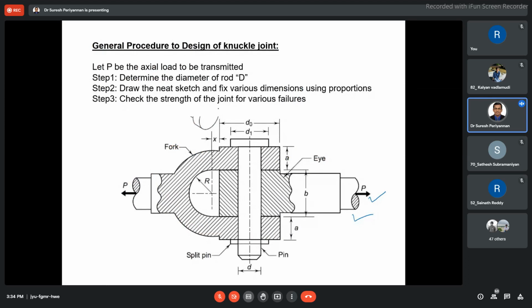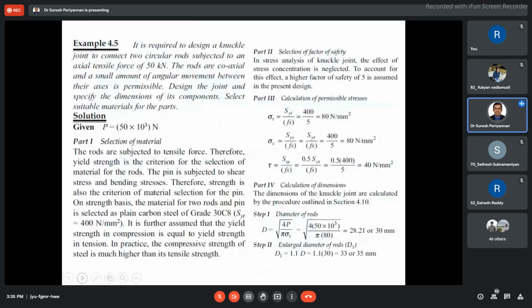These are the only three problems; we can't go beyond that, because we discussed all the failure analysis that can be considered for defining the dimensions of each component. Then the final step is to check the strength of the joint for various failures. Now I come to the problem.